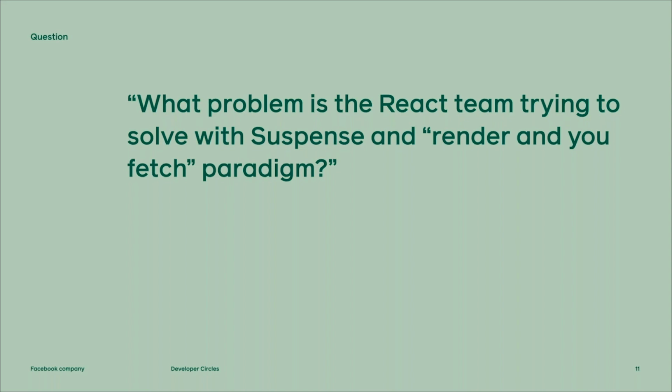So for those of you who don't know, Suspense is just a way to specify declaratively how your components look while the screen is loading. Maybe you go from feed to profile, so we need to start loading, show some spinner, and then show your username and avatar, but then the posts are loading, so maybe we show some glimmer there.